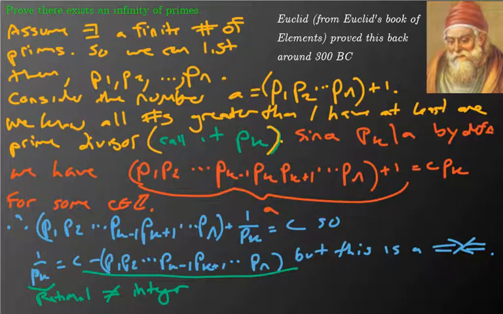So we would say something like, since a rational number cannot equal an integer, then what we assumed is wrong, and therefore there is an infinity of primes, not a finite number of primes. So again, minus some extra stuff here, but basically just the conclusion part, elaborating on this piece.